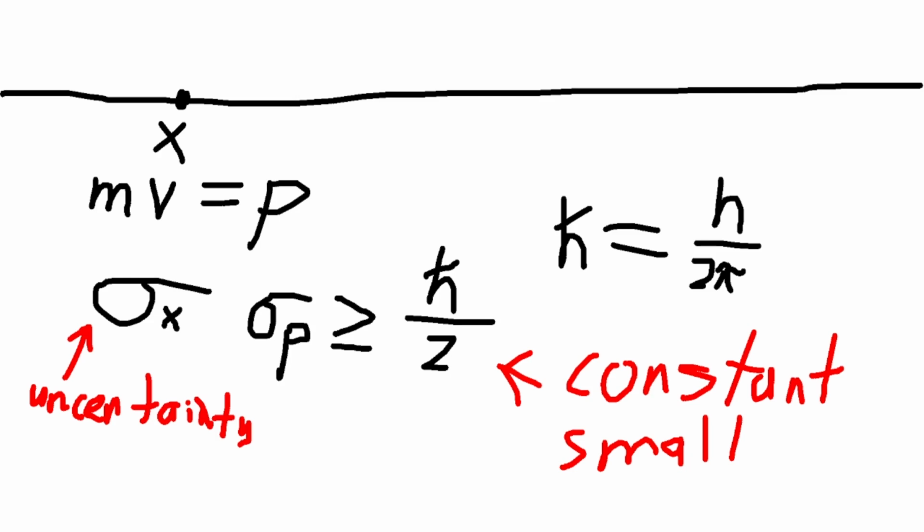So what does this mean practically? Well, practically it means that if you want to reduce one of these, you can only do so to a certain extent before you have to increase the other.